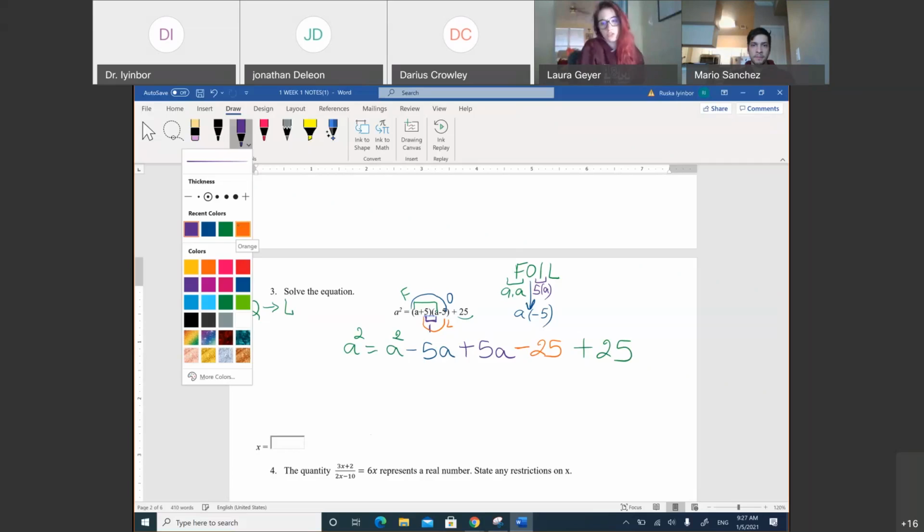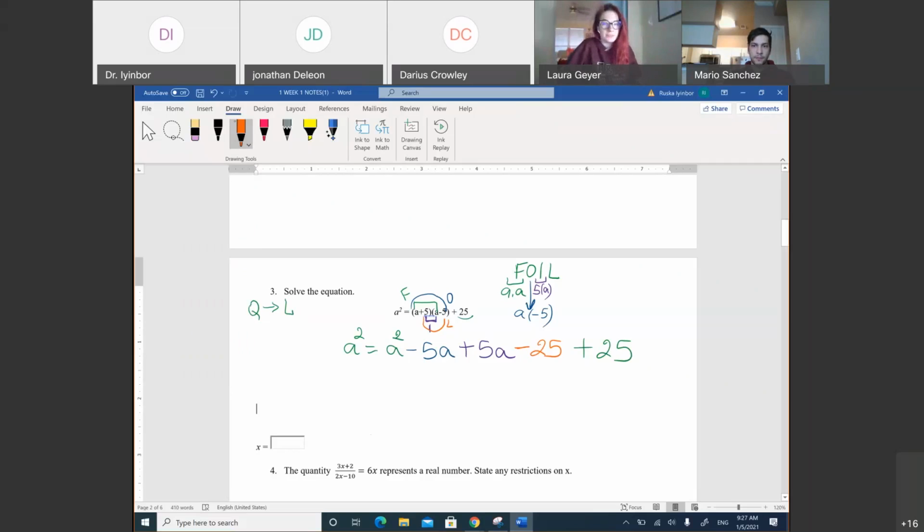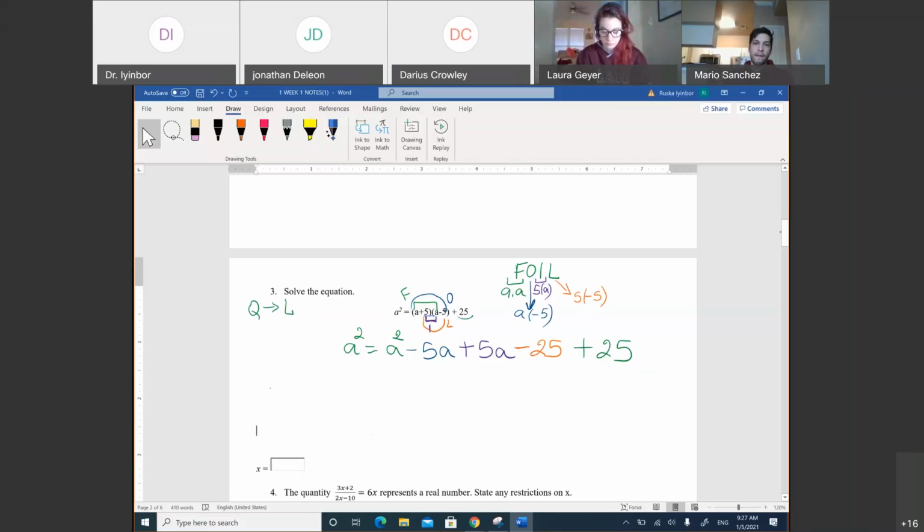And then the last is 5 times negative 5. When you multiply that, this is what you're going to get. So far, so good? Okay, so that's how you do the FOIL method. And if you don't like it, I'll show you another method later on. Now after you FOIL, let's see what happens.